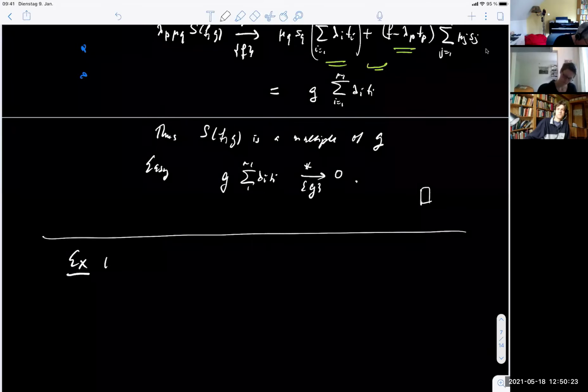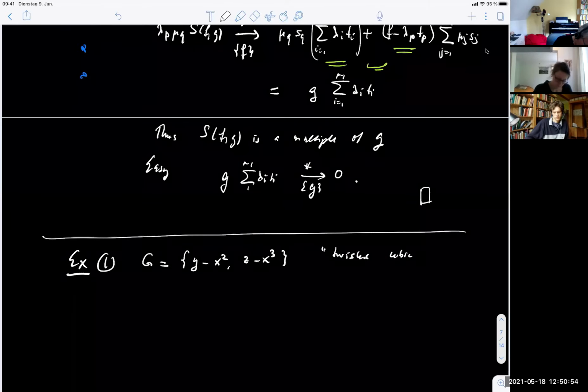Example 1. In every lecture in algebraic geometry, there is the twisted cubic. So let's look at the equations of the twisted cubic. We look at the following polynomials: y minus x squared and z minus x cubed. So I have 3 variables, x, y, z, and 2 polynomials. This is the equation of the so-called twisted cubic.